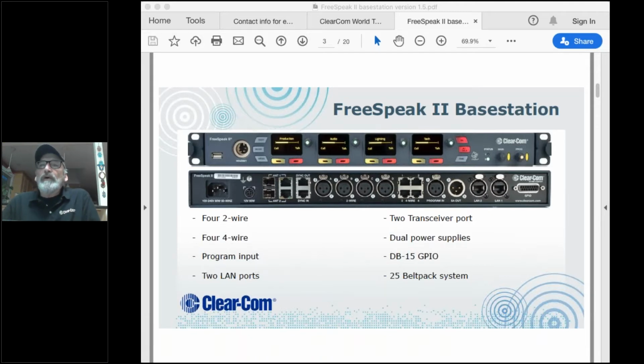And there's power, to juice up the transceivers. And that power can go about 250, 300 meters, something like that.